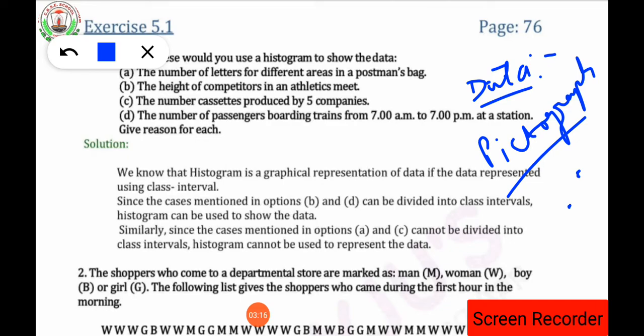Then in your book only, page number 17 of the NCERT book, the second one is given as bar graph. What is a bar graph? A bar graph is a display of information using bars, with their height being proportional to the respective values. This we have already studied, isn't it?